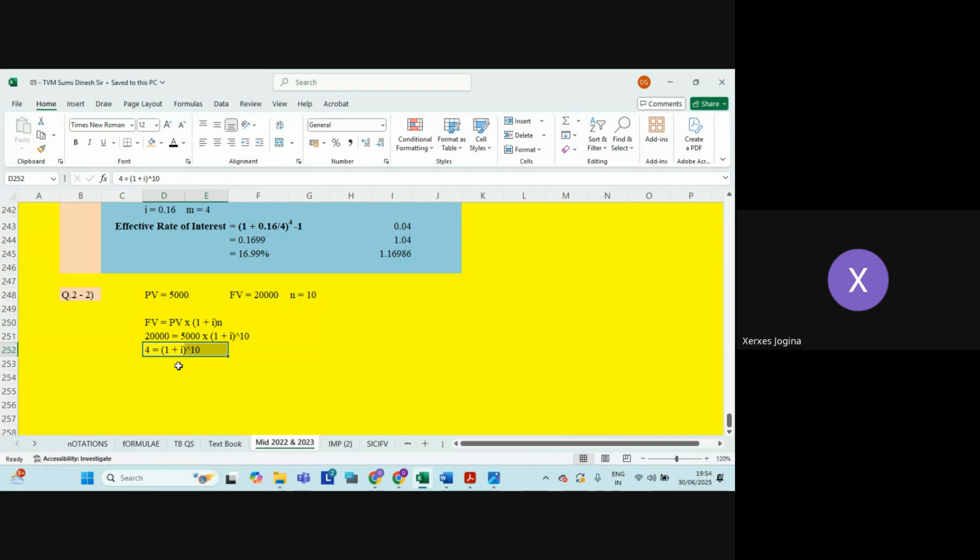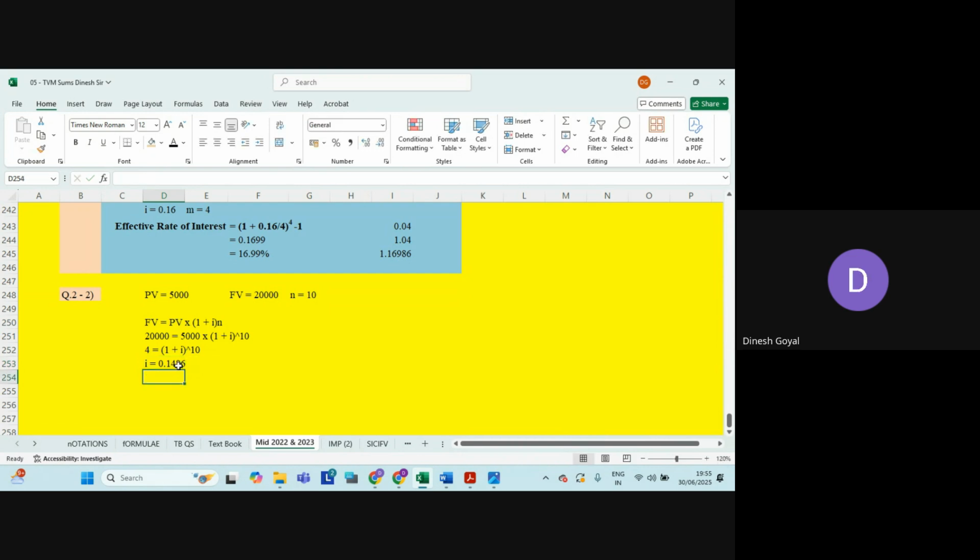Now the answer has come. It is coming as 0.1486. So that is the value of your I. I will write here, 0.1486.